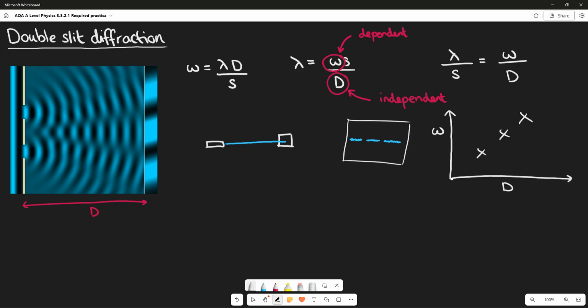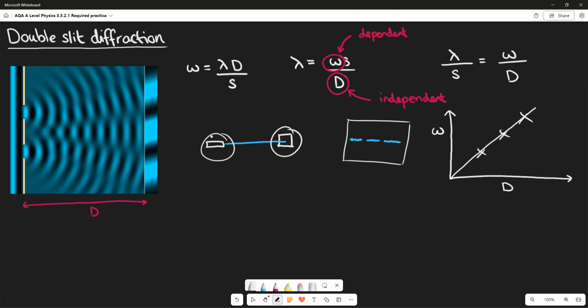It will be a straight line, and we know that because the gradient is going to be this, which is equal to this. This value here is fixed because it's the wavelength of the laser, and this value is fixed because the slit separation isn't changing halfway through the experiment.